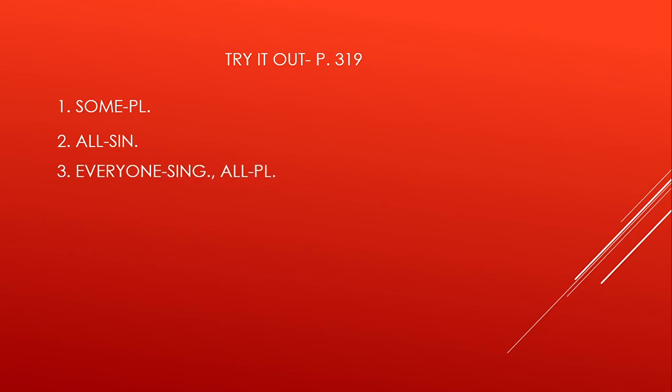Number 4, naturally no one wanted to miss a trip to the chocolate factory. So if we look, and I'm looking at my chart, I look under singular, I see no one. So I'm going to put no one, one is singular, okay? So again, if you are like, I'm still not sure, use the chart on 318. It basically tells you the answers.